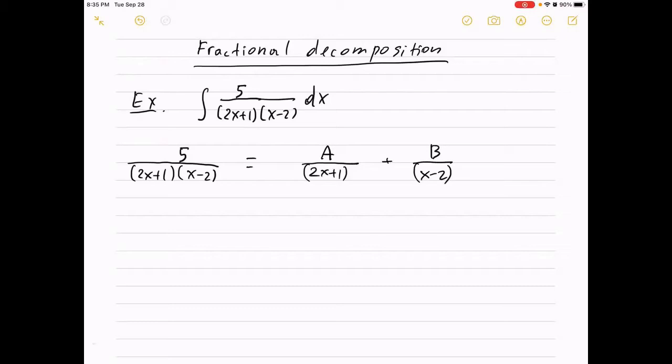Now to find a and b, we're going to multiply left and right side by the common denominator, which is 2x plus 1 times x minus 2. If we do that, we're going to get 5 equals a times x minus 2 plus b times 2x plus 1.